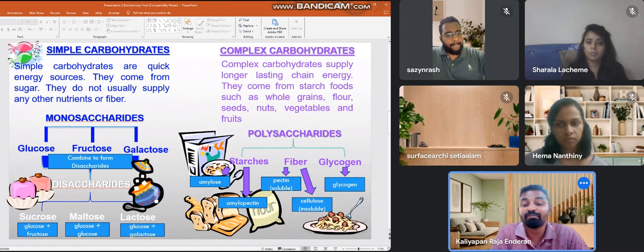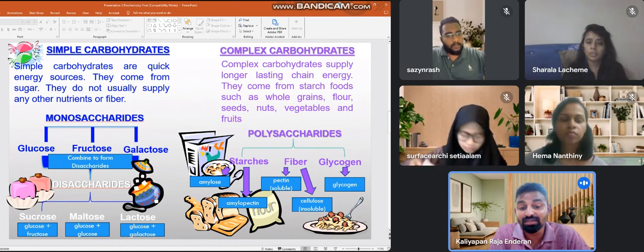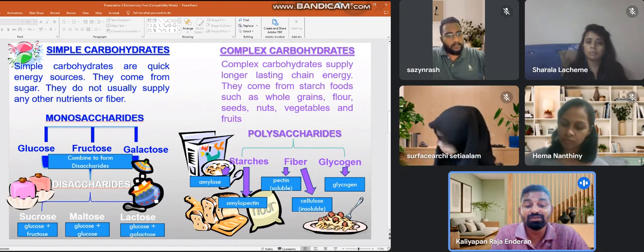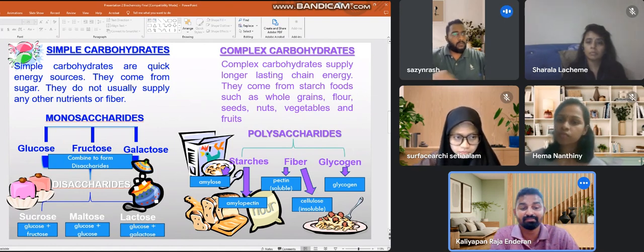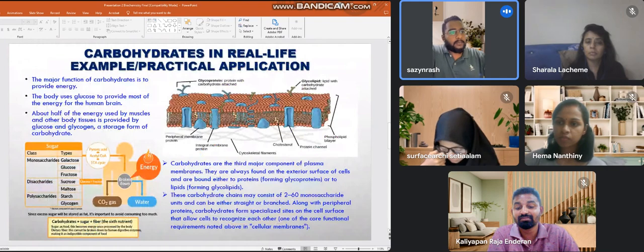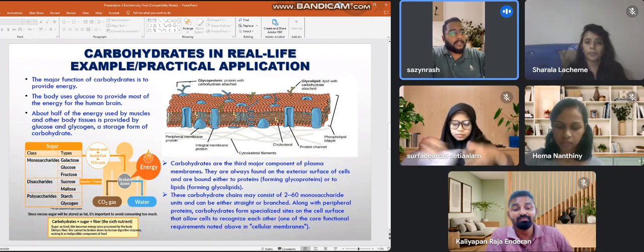Fiber has pectin, which is soluble, and cellulose, which is insoluble. Glycogen has only glycogen. Next I pass to Mr. Raj.